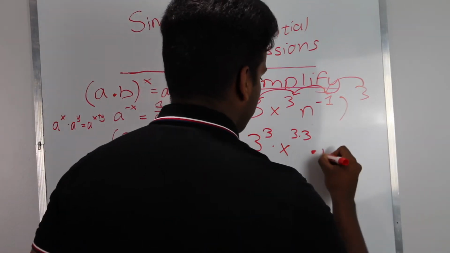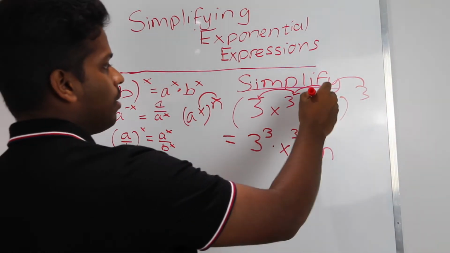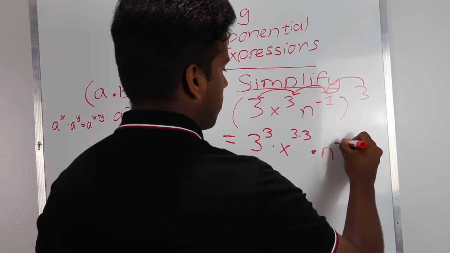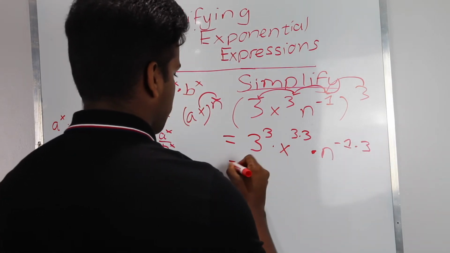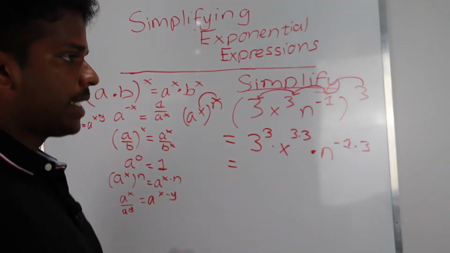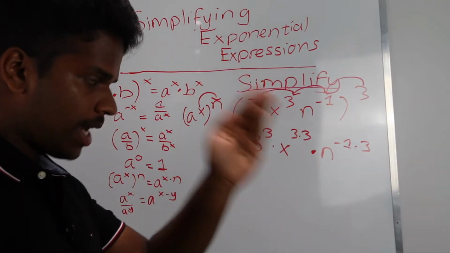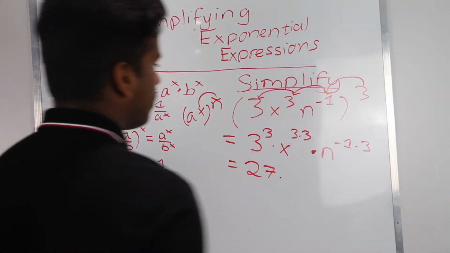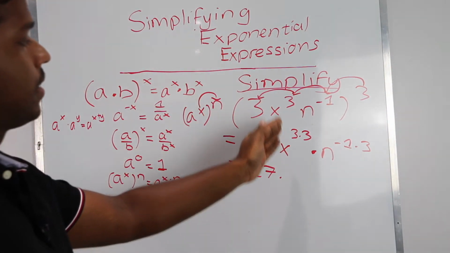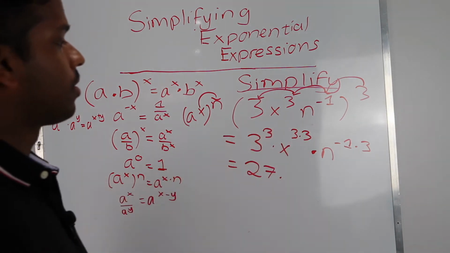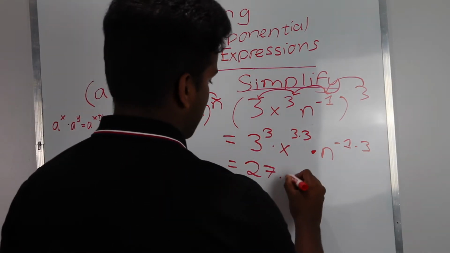Same thing here. We have a -1 exponent, power to a power, so -1 times 3. Now we just have to solve. 3 to the power of 3 is 3 times 3 times 3: 3 times 3 is 9, 9 times 3 is 27. 27 times x to the power of 3 times 3, so x to the power of 9.